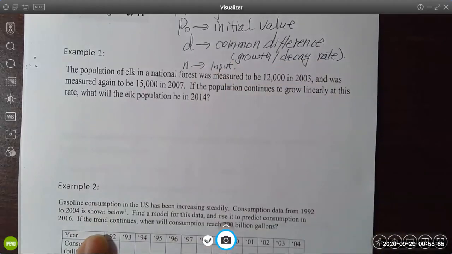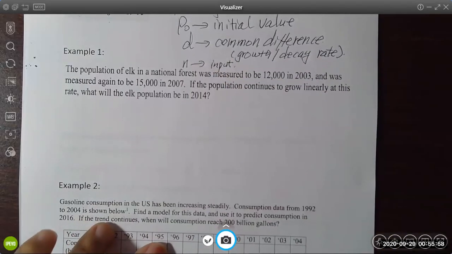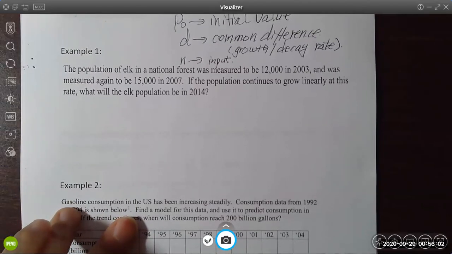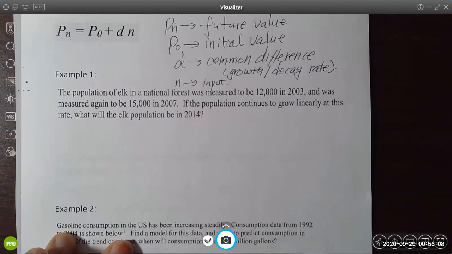Now, how do we know a model is a linear model? That's a critical question, right? We are learning these two models: one is called linear, one is called exponential. How do we know if it is linear or exponential? The characteristic of a linear growth model is that the increase or decrease amount is a constant amount.